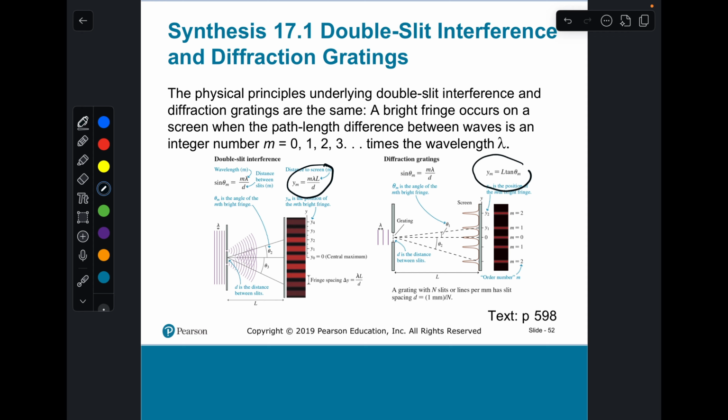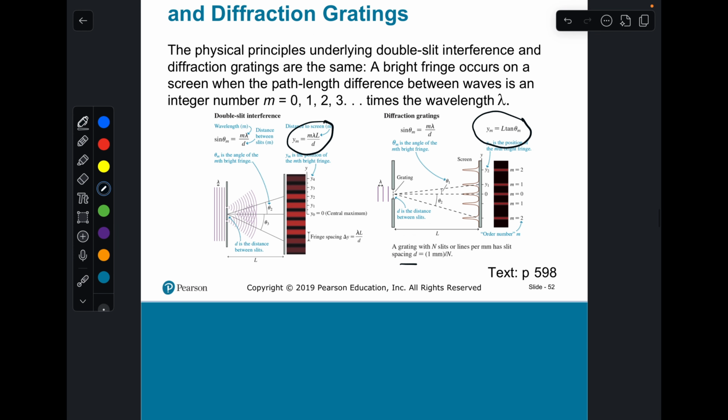Whereas in the diffraction grating, we don't use the small angle approximation. And then also we can determine the slit spacing from the number of slits per millimeter, like we did in the previous example.